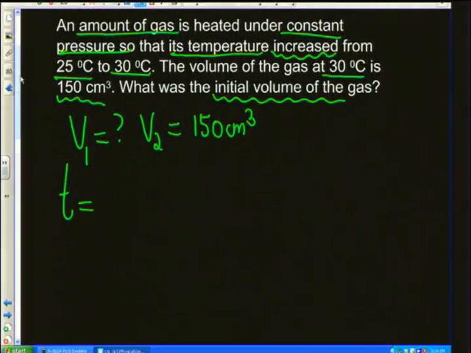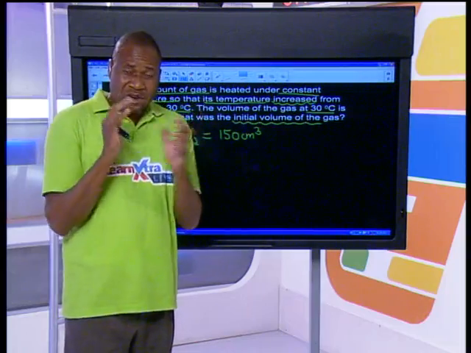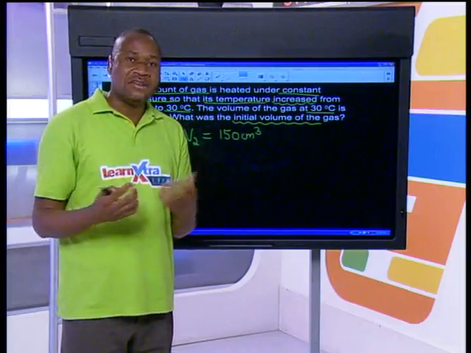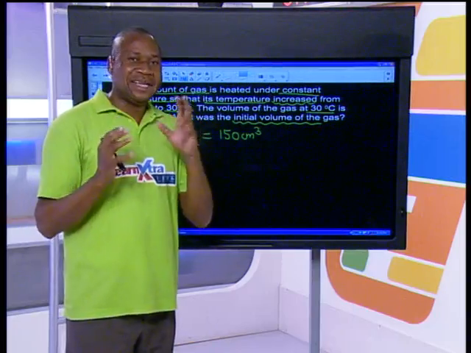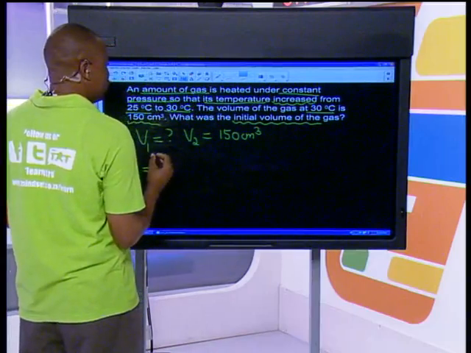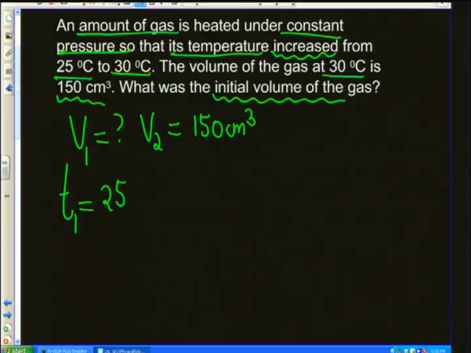And those of you who remember last week's lesson, you use small letter t for gases when talking about temperature in degrees Celsius, because with the Kelvin temperature, we use capital letter T. So I'm told that t1 is 25 degrees Celsius and t2 is 30 degrees Celsius.